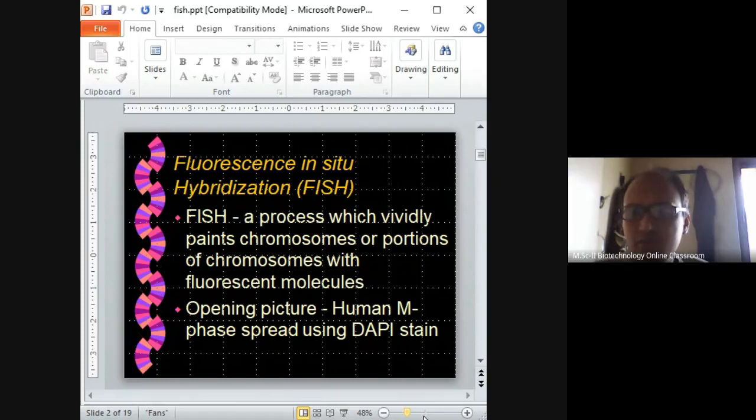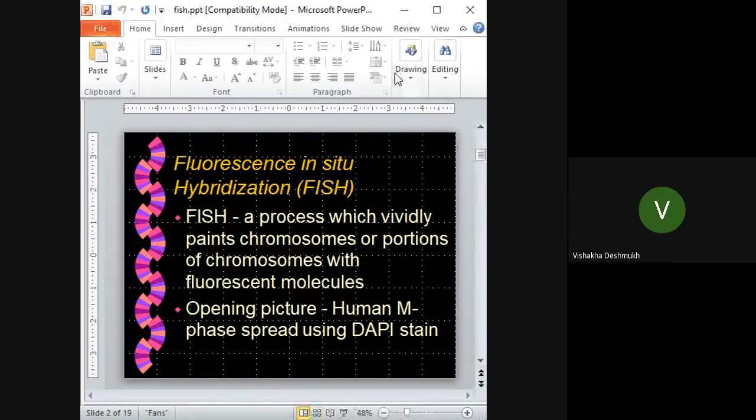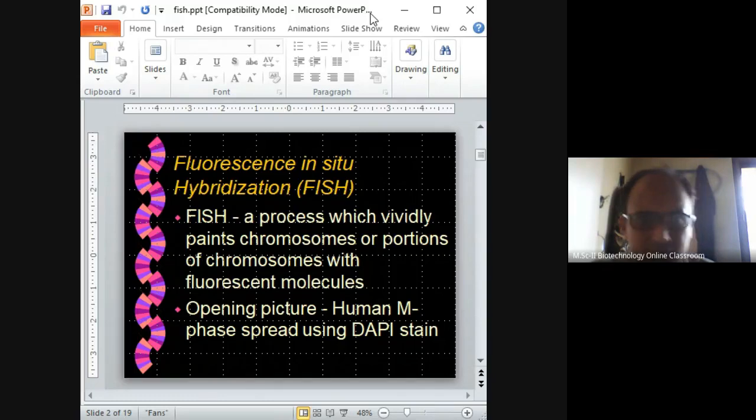In situ, what is meant by in situ? In situ means within a living system.